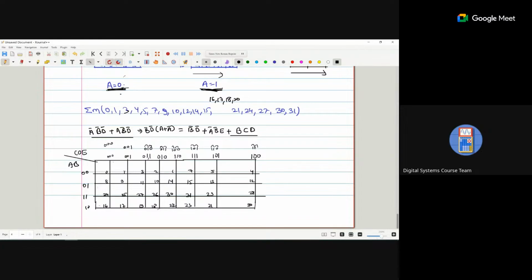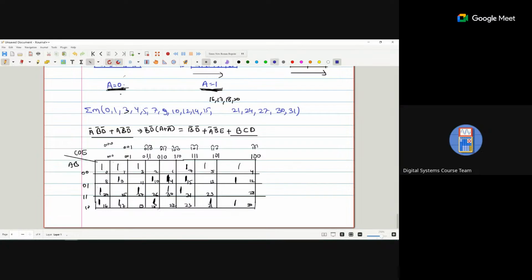Okay. Now you can represent as 0, 1, 3, 4, 5, 7, 9, 10, 12, 14, 15, 16, 17, 18, 20, 21, 24, 27, 30, and 31.